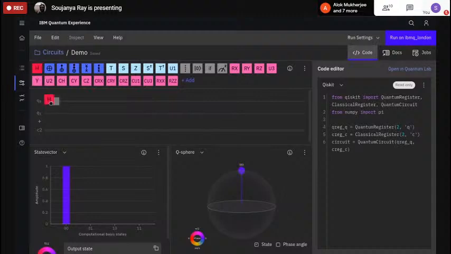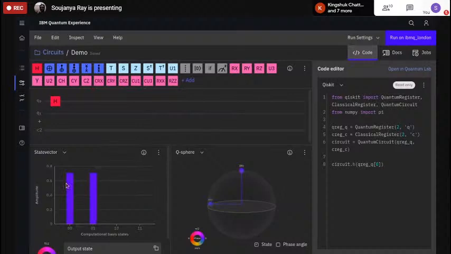So first you need to put a Hadamard gate to put this first qubit in superposition. See, when you put a Hadamard gate, the first qubit gives 0.707 amplitude of both, and this is what the Hadamard gate does.